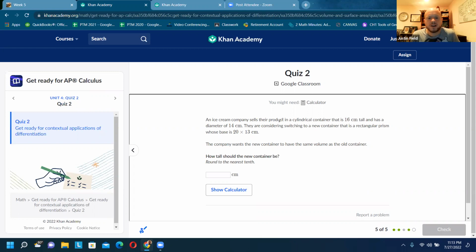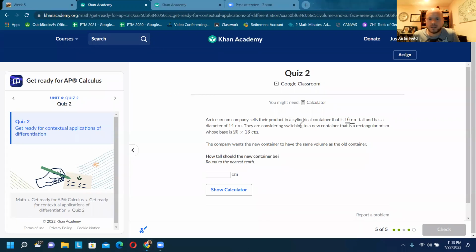So, okay, it's this tall, our cylinder. So our diameter, which means our radius is 7. Okay, so what's the volume of that cylinder? The volume of the cylinder is going to be pi 7 squared times 16. So 49 times 16 is 784 pi.